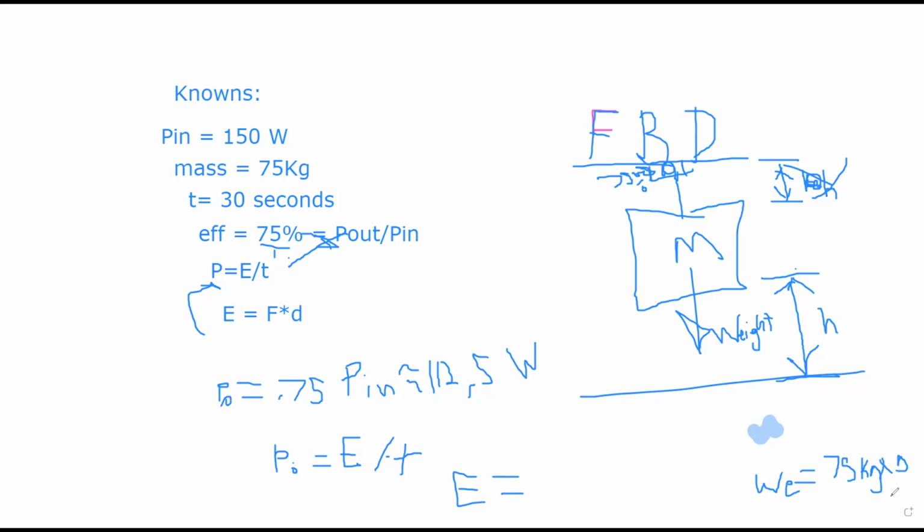Times gravity, 9.8. I'm getting 735, and that'll be newtons.